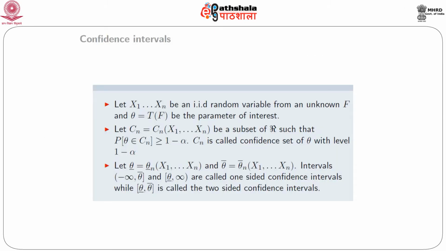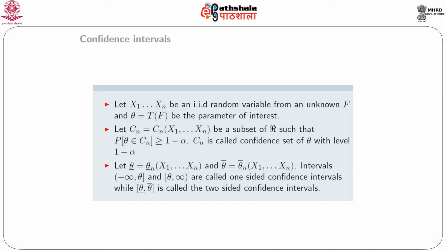Now, let X1, X2, ..., Xn be IID random vectors from an unknown F, and let theta = T(F) be a parameter of interest. Assume Cn = Cn(X1, ..., Xn) is a subset of R such that probability theta belongs to Cn is greater than or equal to 1 minus alpha.